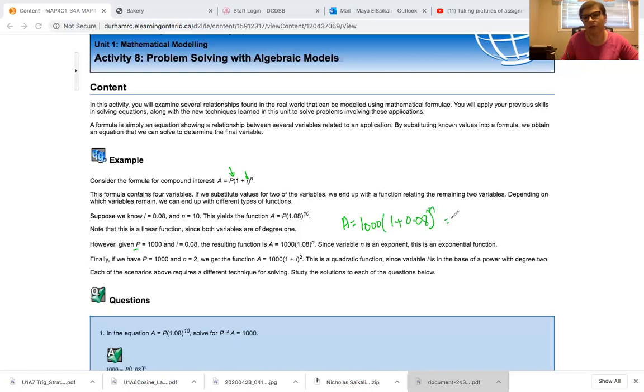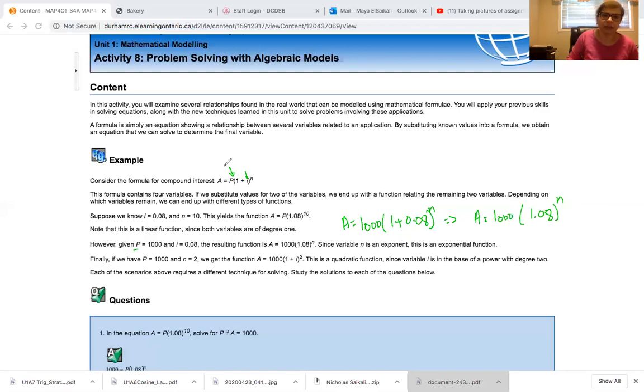So that's going to give you A equals 1,000 times 1.08 to the power of n. So if I'm looking at this equation, the exponent is the variable. And we know from grade 11 that when my exponent is a variable, I have an exponential function, right?